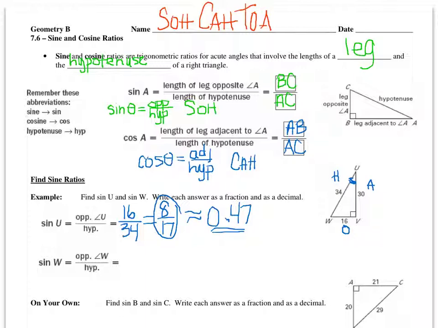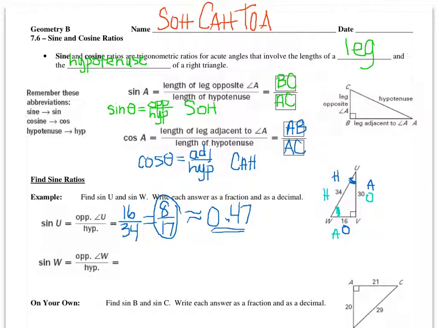Let's look at W. We now want to find the sine of W. So we need to identify where W is on our picture, and W is right here. And if I label my three sides according to W, well, my hypotenuse is still the same. The side length 16, VW, that is now my adjacent, and across from it, the side of length 30 is my opposite.